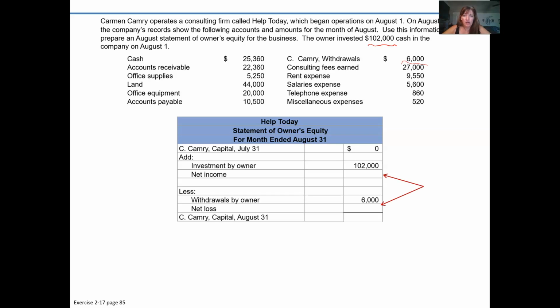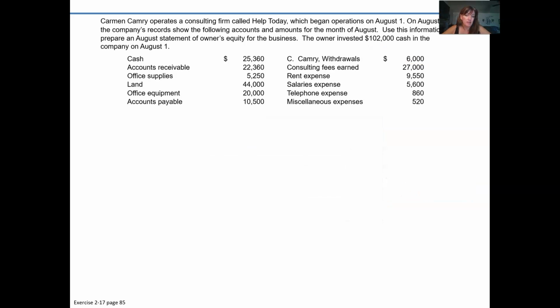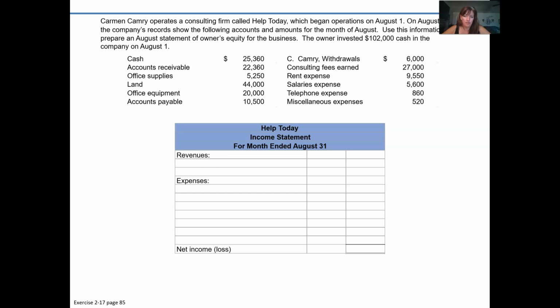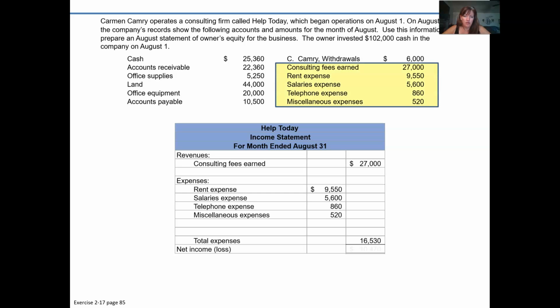And then we have to figure out if there's a net income or a net loss. That comes from the income statement, which is that $10,470 that we just finished.